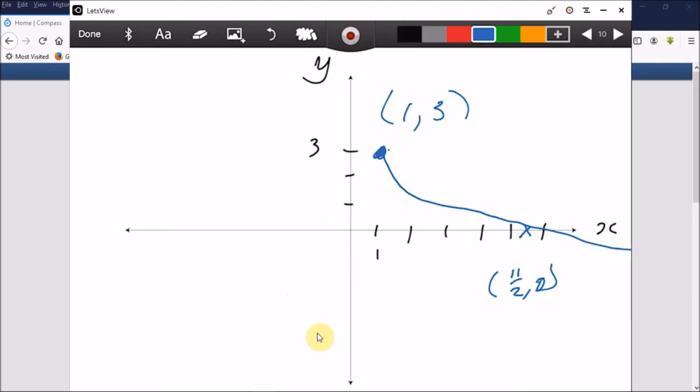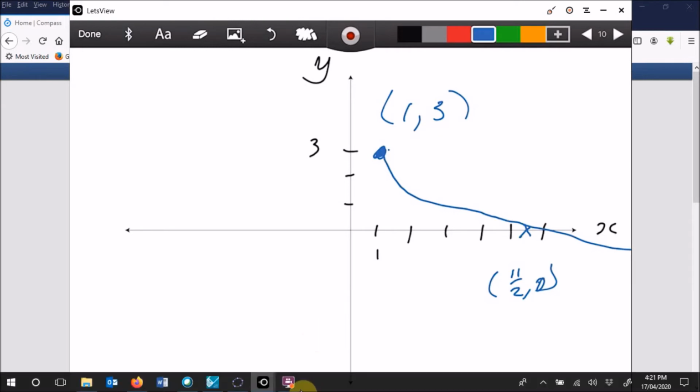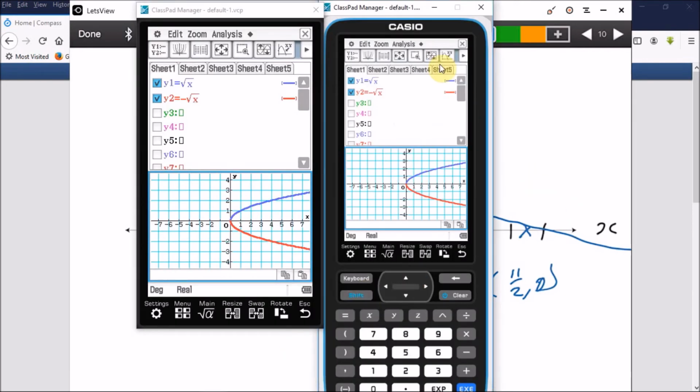Now, the next thing that we might look at, and I'm going to need to use my calculator for this, is, okay, well, there's a negative out the front, and that reflects it down here. What about if the negative's inside?